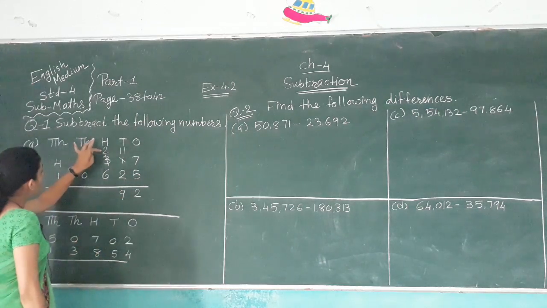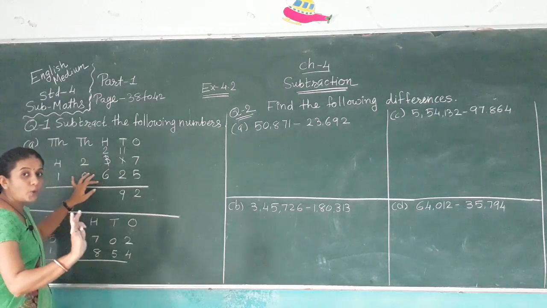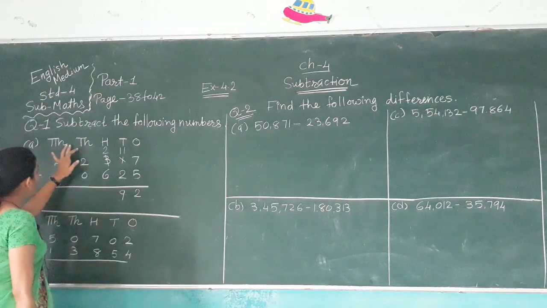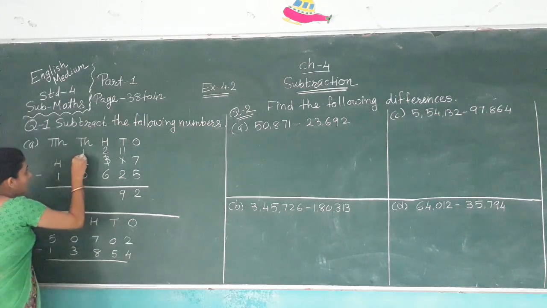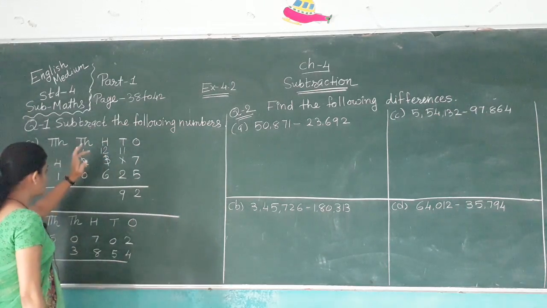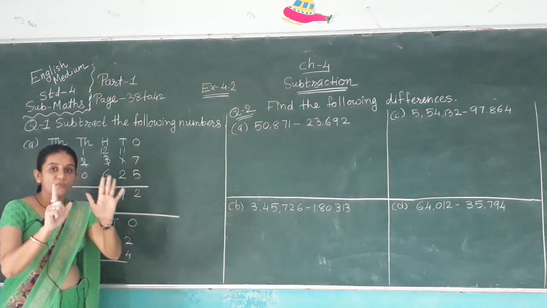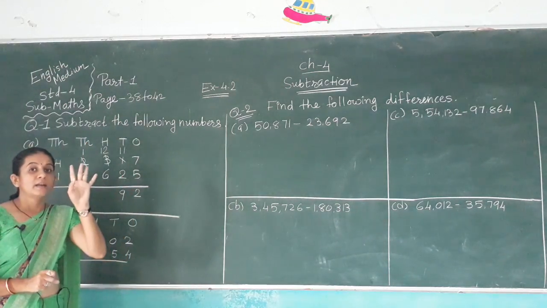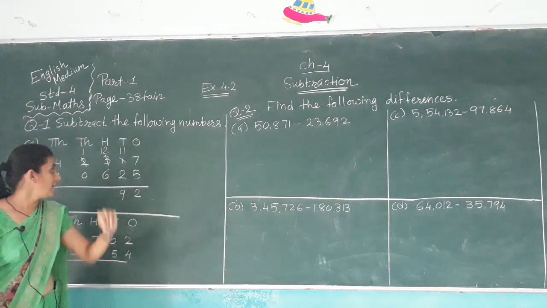Again 2 minus 6. It is not possible. So take borrow from thousands place. Cut 2 and write here 1 and here 12. 12 minus 6. Take 6 fingers. Before 12: 11, 10, 9, 8, 7 and 6.